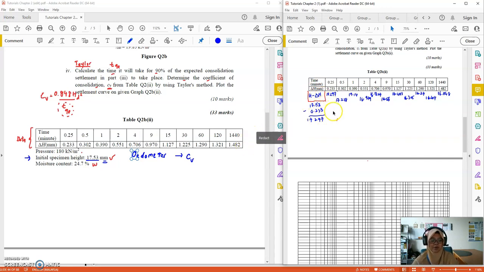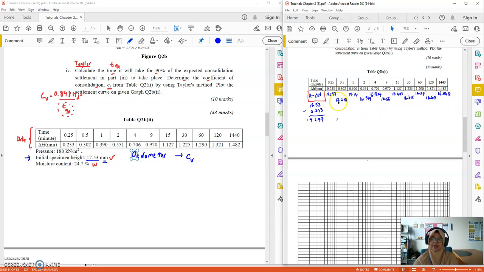The first one: initial height of the specimen 17.53 minus 0.233, the first differential of the settlement, so we get 17.297. So I put it into the column. We do the calculation for the rest.